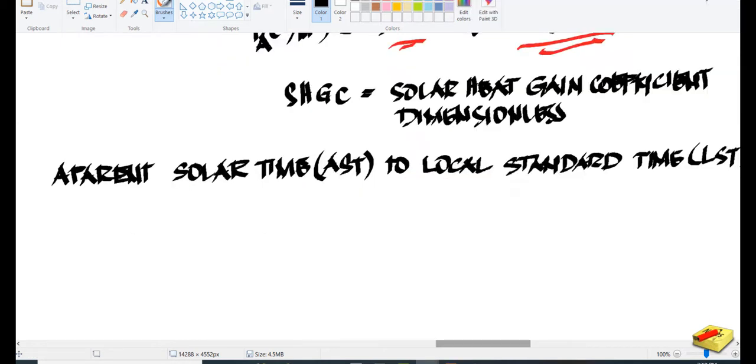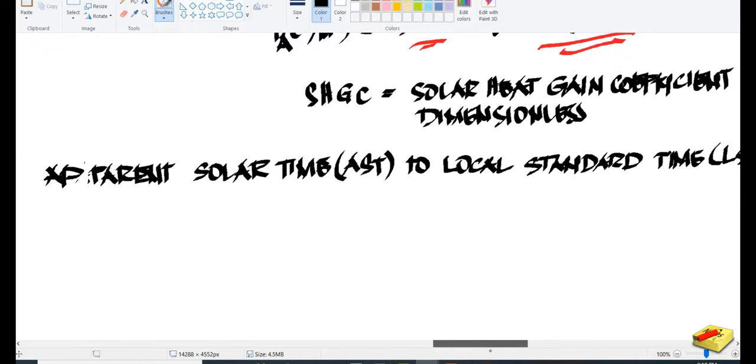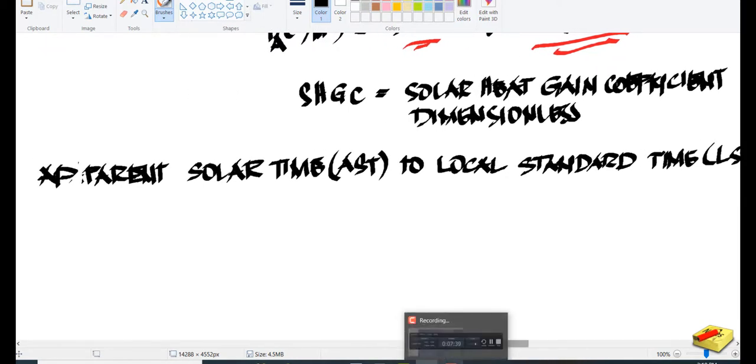We'll introduce a new equation, the apparent solar time, AST, to the local standard time, LST.